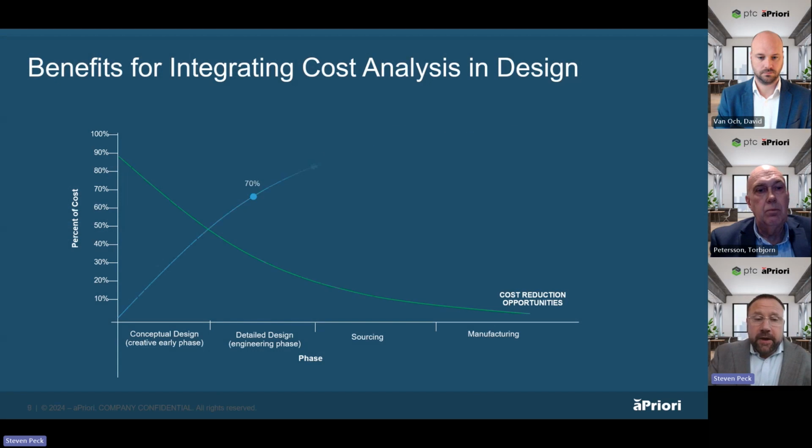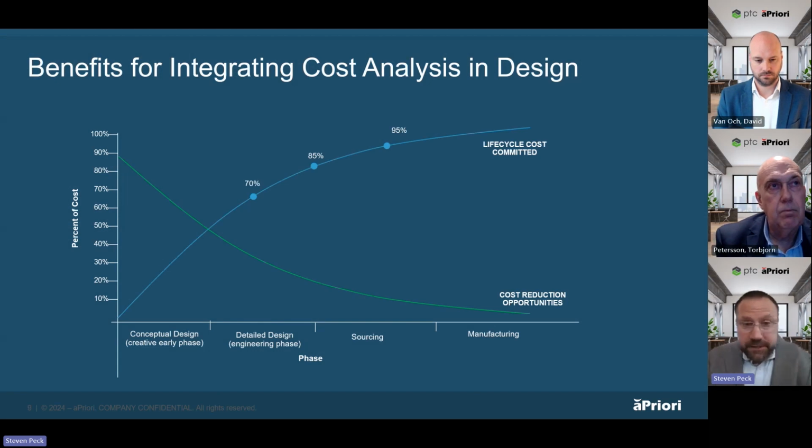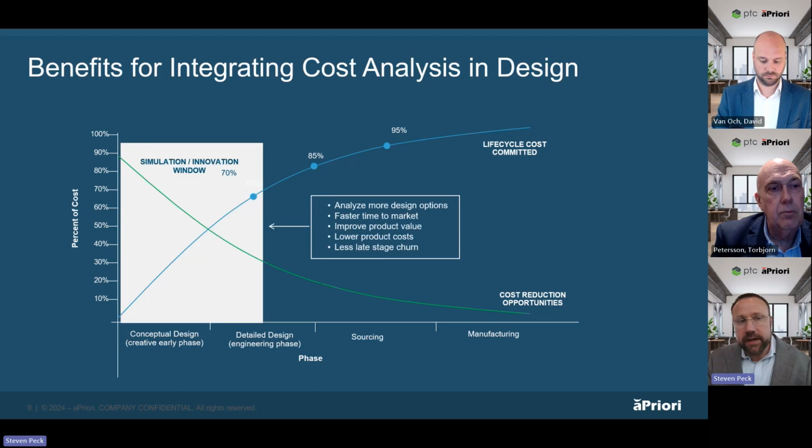I think many of us have probably seen charts like this before, but really as we look at the development process, the further along we get in that process, the more difficult it is to drive cost out. So much of the cost, 70–80%, is baked in early on in the design process.